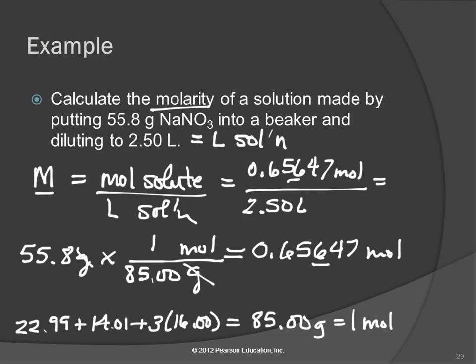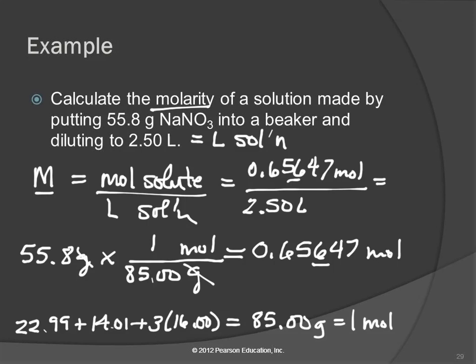A lot of times when you're doing these calculations, you figure this out and that number is still in your calculator. So why erase it and type it in again? There's no reason to do that. Just leave it in there. Then you're naturally carrying all the extra digits and you're avoiding rounding errors. Well, I did type it back in again, but divide by 2.5.